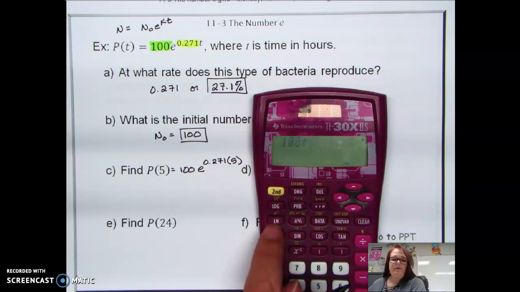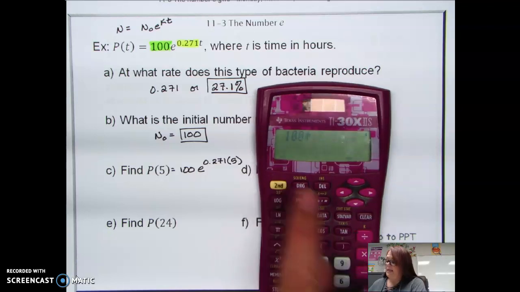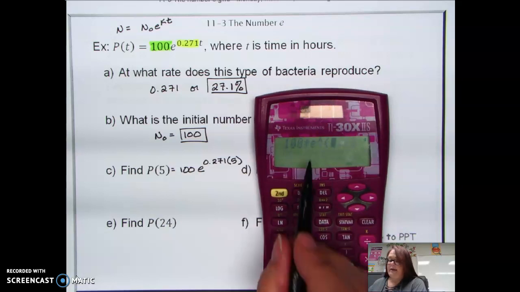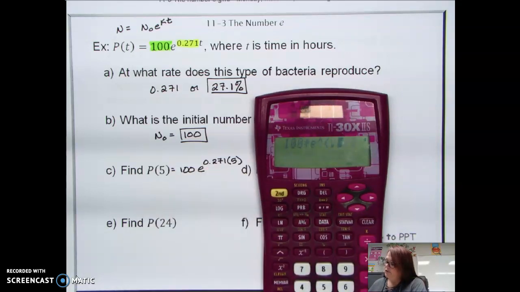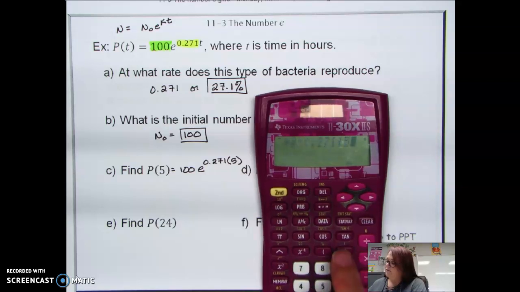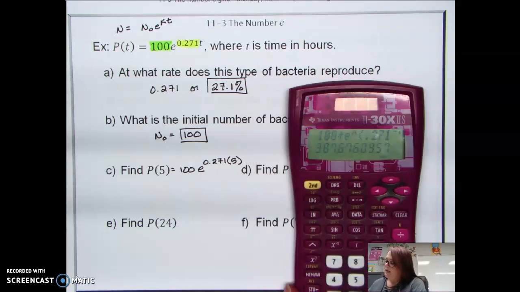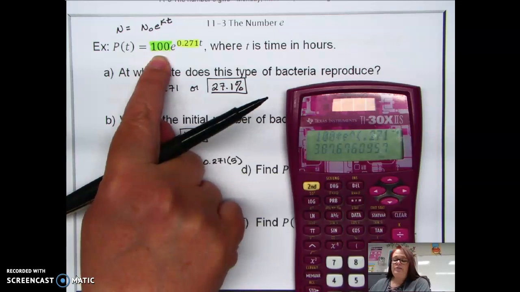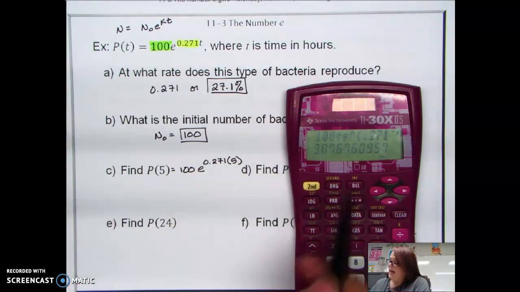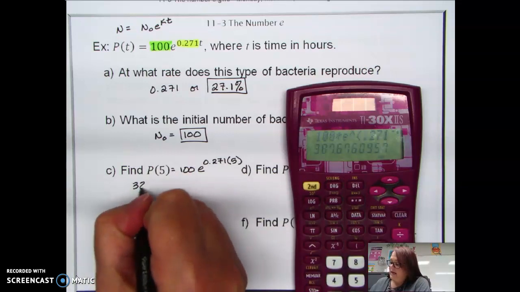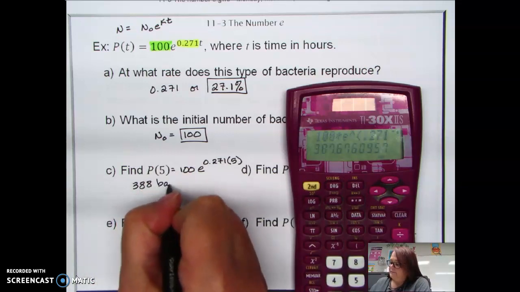That stands for natural log. And then right above ln is the e to the x power. So we're going to go second natural log. And that gets me e to the power of parentheses 0.271 times 5. Close my parentheses. And so starting with 100 bacteria, after 5 hours, we have 388 bacteria.